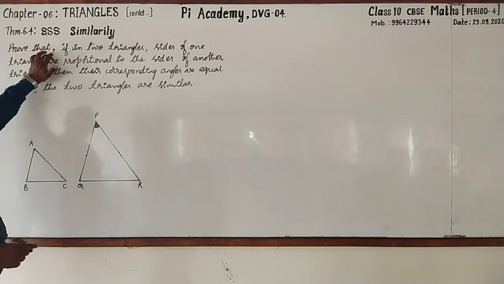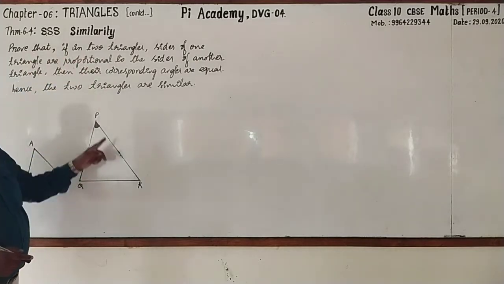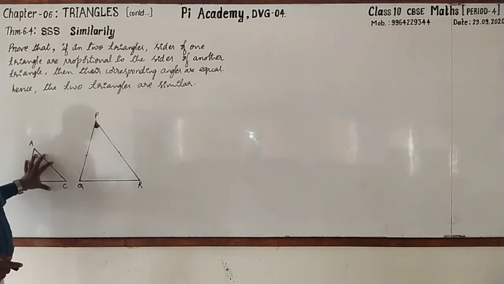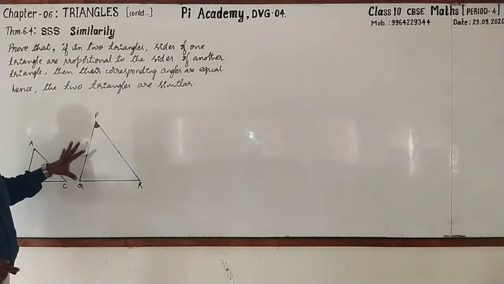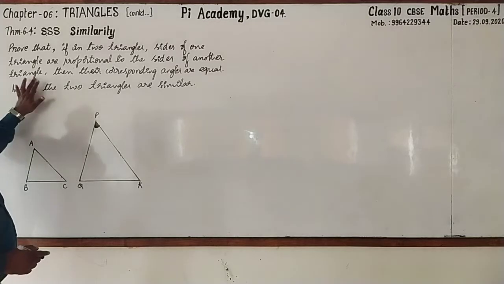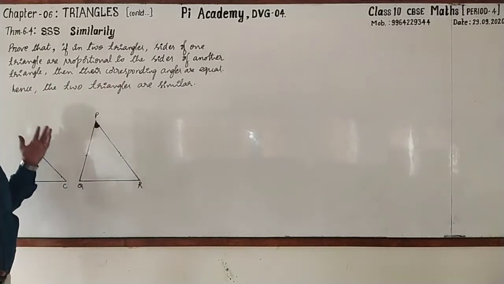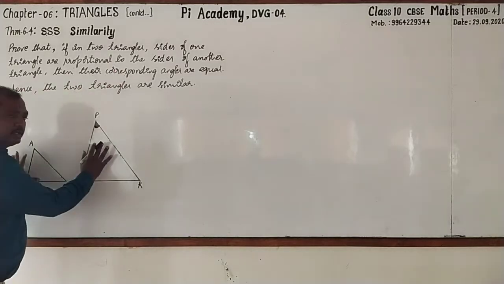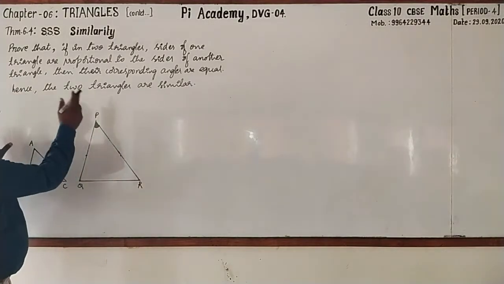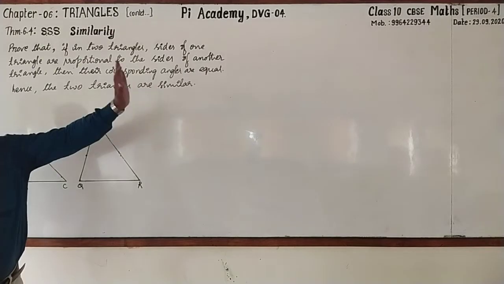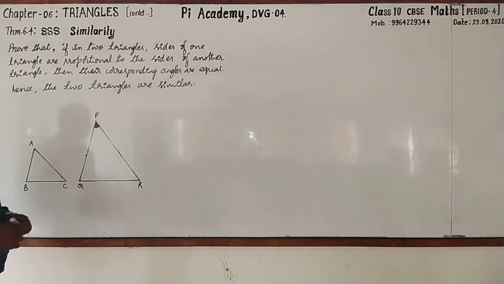Prove that if in two triangles, the sides of one triangle are proportional to the sides of another triangle, that means the corresponding sides are in the same ratio, then their corresponding angles are equal, and hence the two triangles are similar. That should be proved.